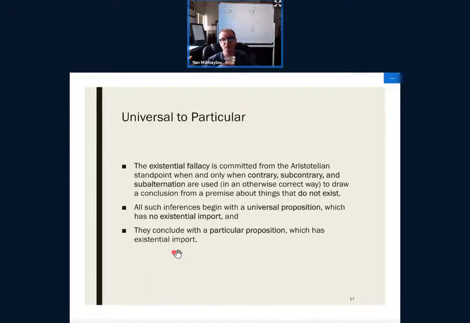Because if it says it is false that some A are B, that becomes universal. You're changing an X to shading, so now it's universal. So every time you're going from universal to particular, you have these additional relations.